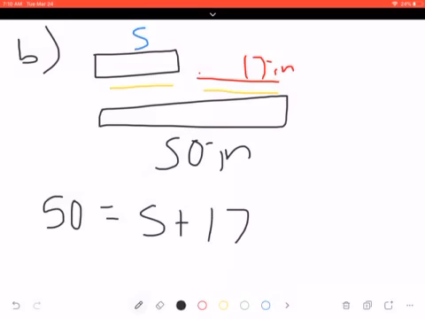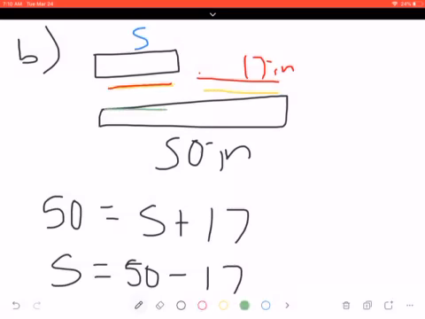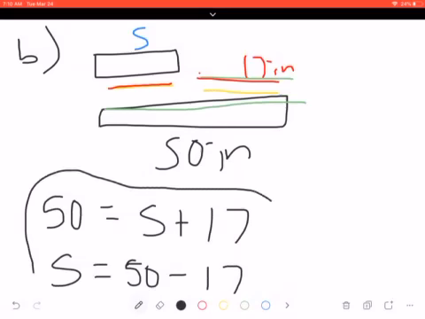Or what you can do is say that the short board equals 50 minus the 17. So that's just working the other way. If you wanted the short board, right, you could take this long board and subtract out the 17. So either way, this would work as your answer.